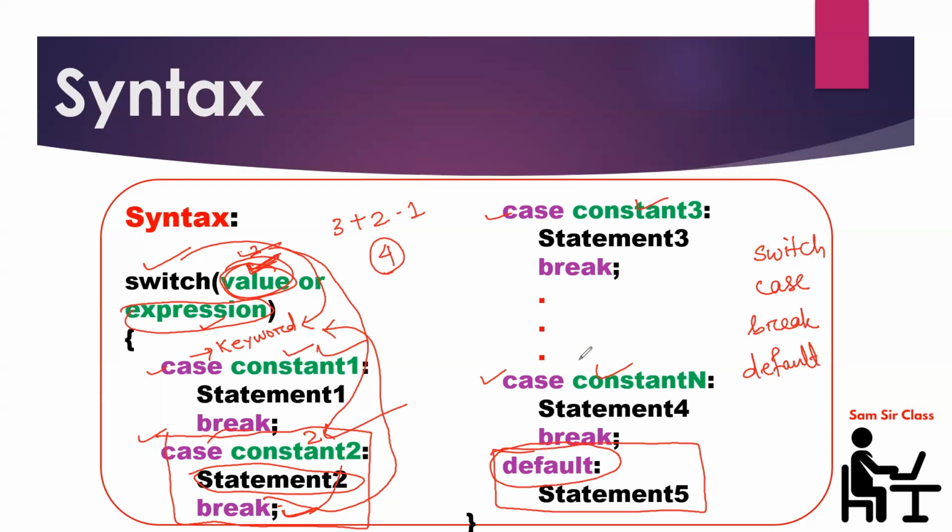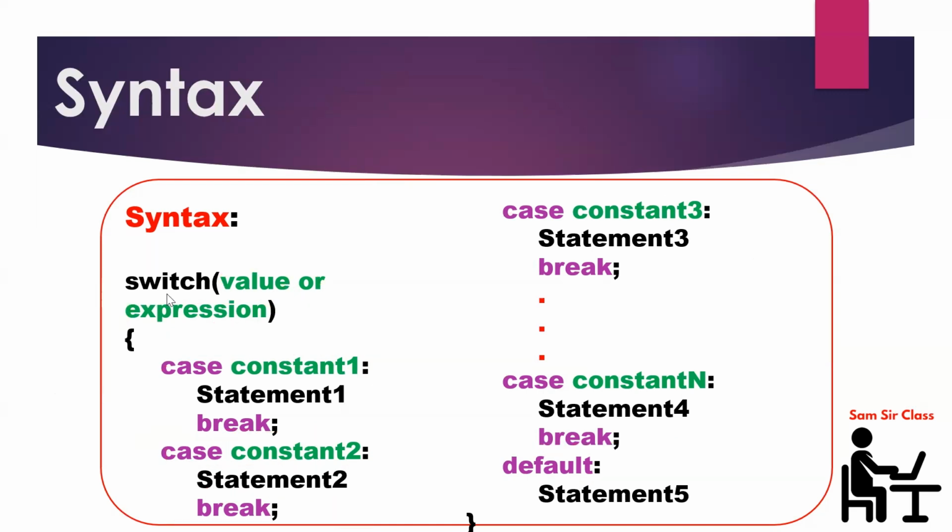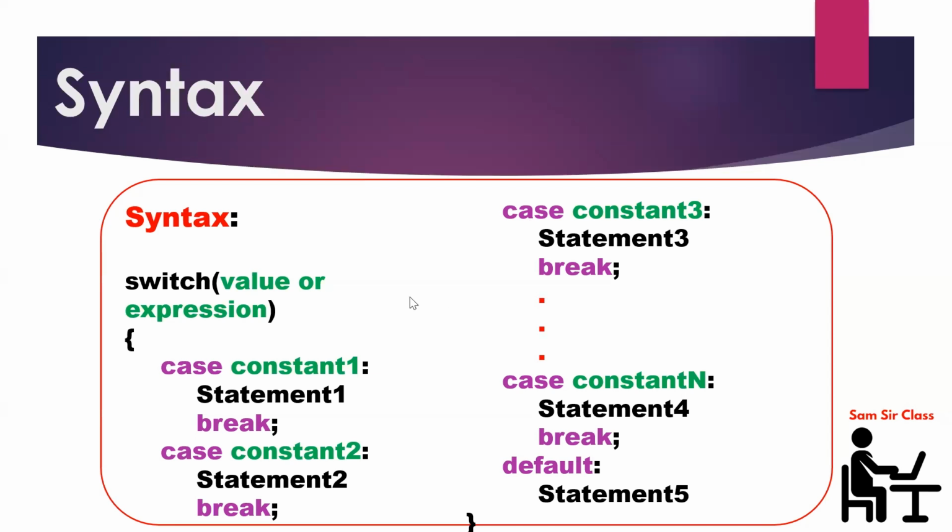So we have understood that whenever there is a switch value, the corresponding case constant will be matched and then the block will be executed.